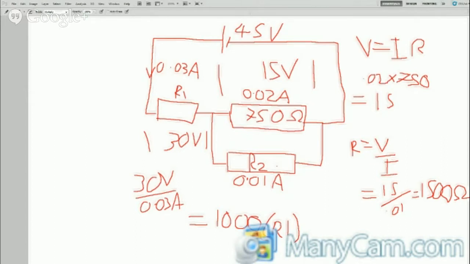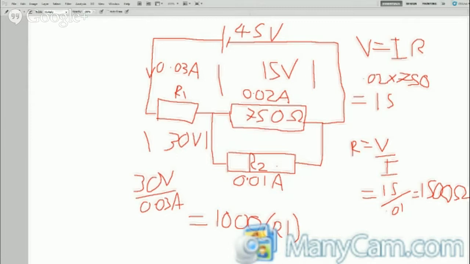So because the 750 ohm resistor has got 15 volts across it, the R2 resistor must also have 15 volts across it. Because we know it's got 15 volts and 0.01 amps, we can use Ohm's law. R is V over I, so that's 15 volts divided by 0.01 amps to give us 1500 ohms.